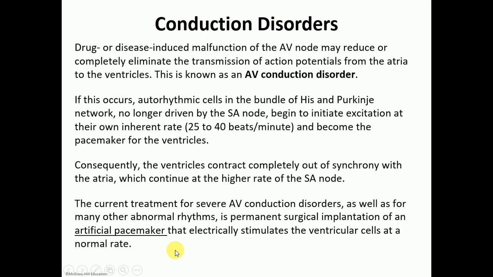Even though there might be that inherent characteristic of automaticity in the ventricular Purkinje fibers, the rate is too slow. Sometimes it can reach like 20 or 30 per minute, which are really slow rates. Maybe enough to keep them alive, but not enough to function normally. So you want to put an artificial pacemaker in order to contract the ventricular muscles at the normal rate.